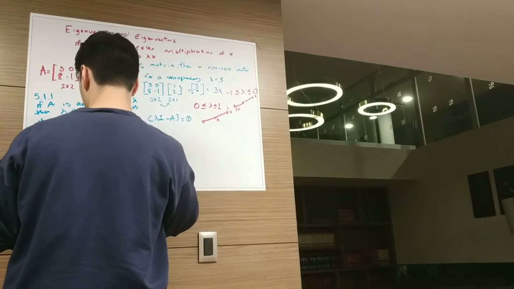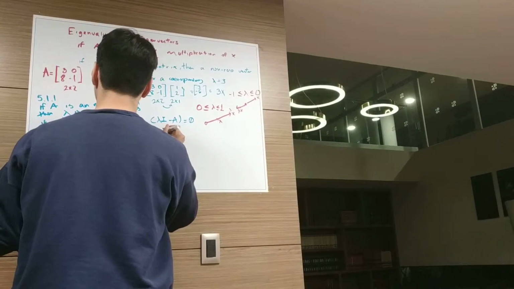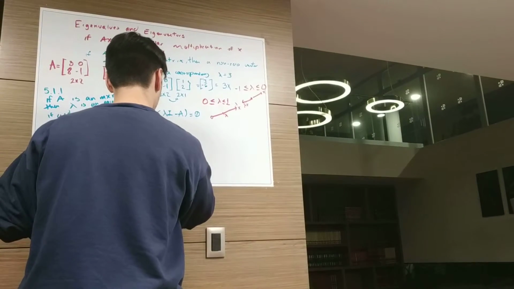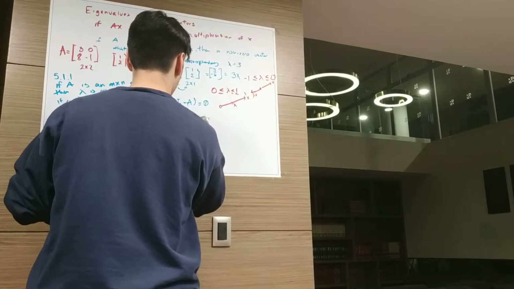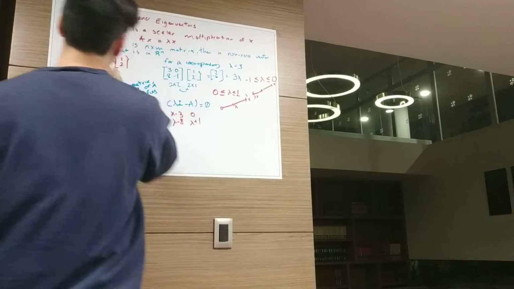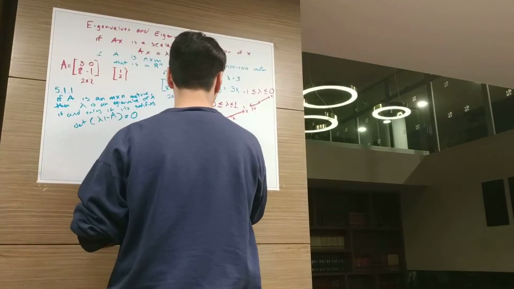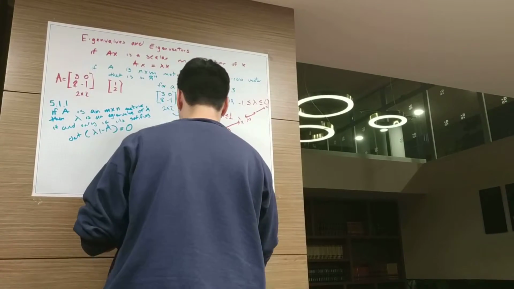So it is going to be the matrix with rows lambda minus 3, minus 8, and 0, lambda plus 1, because of the sign. This is going to be equal to 0 because the theorem says that.